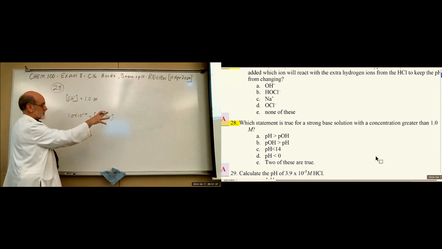So since the powers of 10 are the same, we go to the coefficients. And which one is smaller? The ammonium Ka is 5.6 versus hydrocyanic acid, which is 6.2. So the smallest value there is 5.6 times 10 to the minus 10. So this one is the weakest. That means this one should be the strongest base. Strongest conjugate base. Okay?